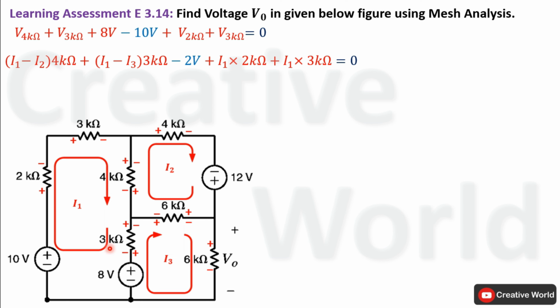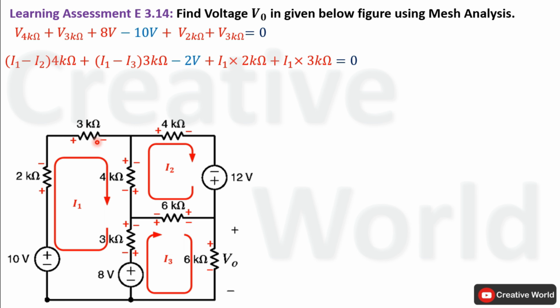Similarly, voltage across this 3 kilo ohm resistance will be equal to the product of current I1 minus I3 because currents I1 and I3 are flowing through this resistance and both are opposite in direction to each other. So voltage value across this 3 kilo ohm resistance will become I1 minus I3 multiplied by 3 kilo ohm. Voltage across 2 kilo ohm resistance will be equal to the product of current I1 and 2 kilo ohm because only current I1 is flowing through this 2 kilo ohm resistance.